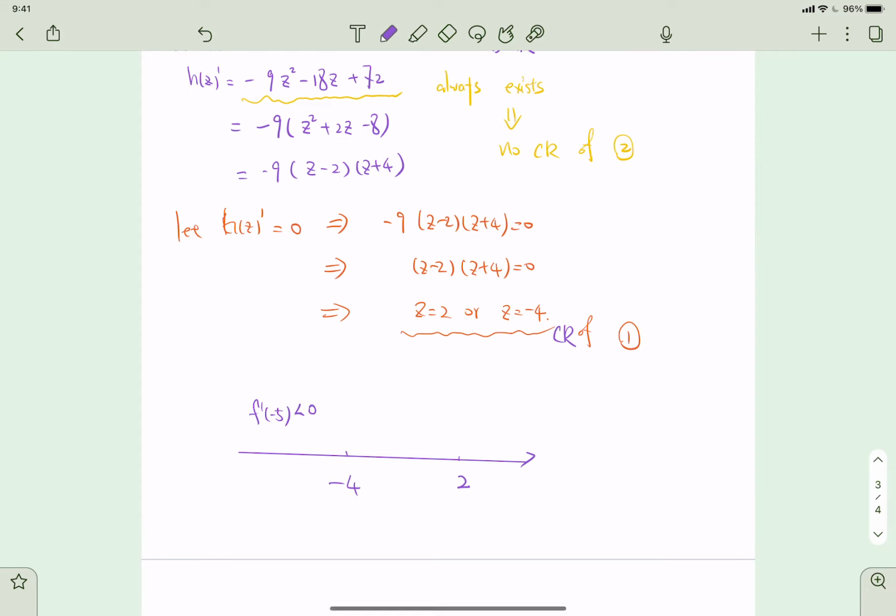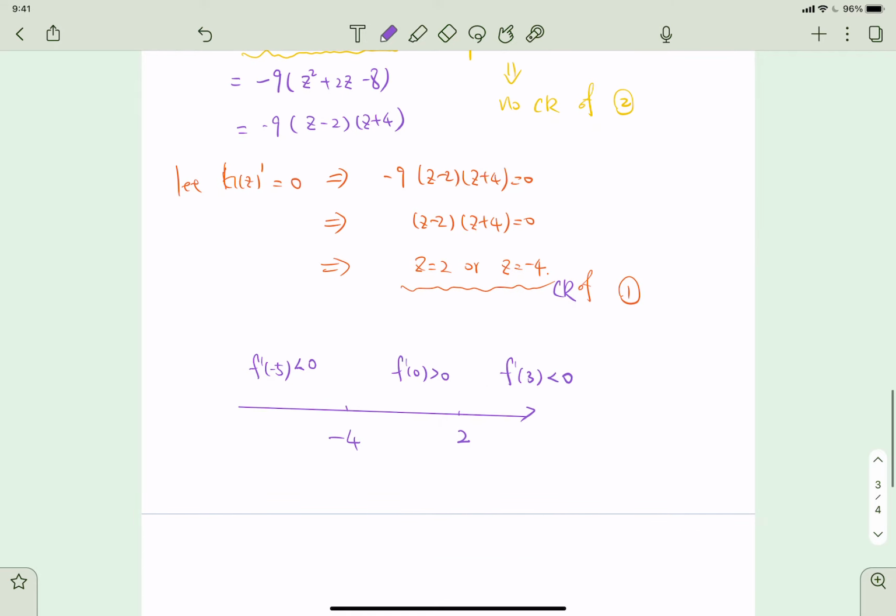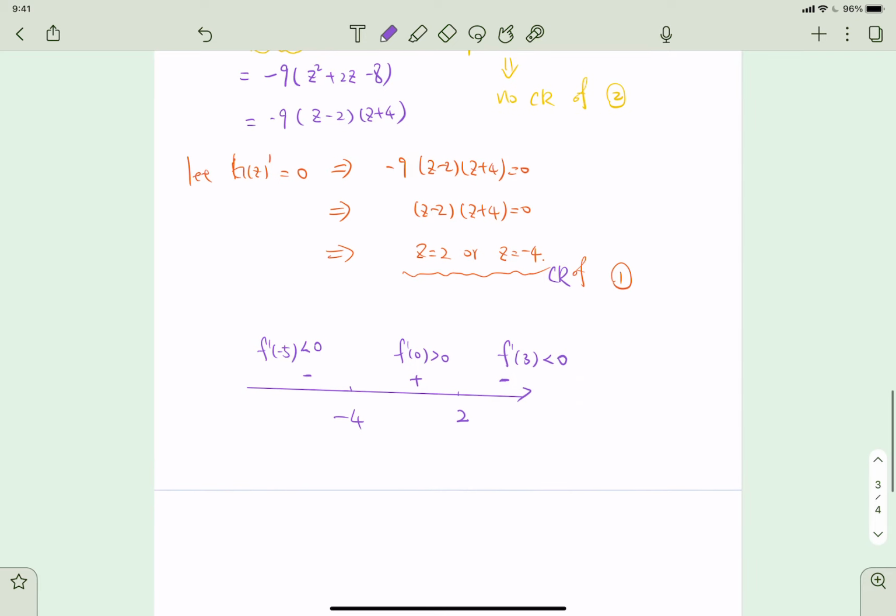Plug in this here. Plug in this, right? That's greater than 0. Maybe this less than 0. So it's gonna be negative here, positive here, and negative here. And now it's decreasing, increasing, and decreasing.